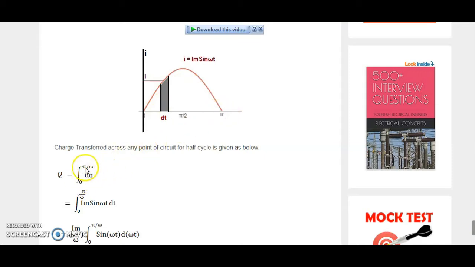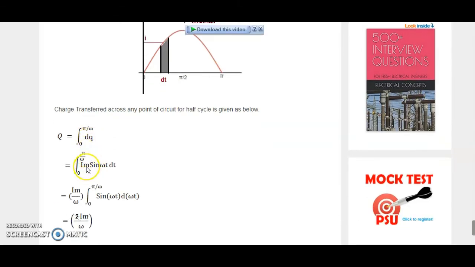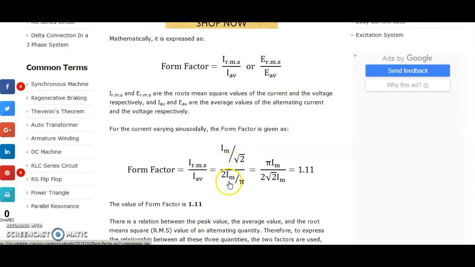And dq can be written as Im sin ωt dt, where ωt is your variable. So I am going to take Im common, and the integration of sin ωt is cos ωt. Substitute all this, π/ω and the limits, do the mathematics, and you will get the answer 2Im by ω. And this we have substituted over here.